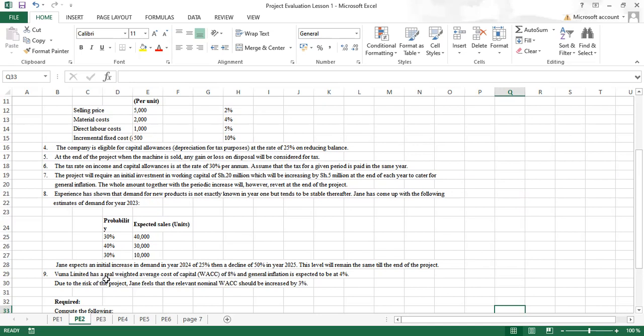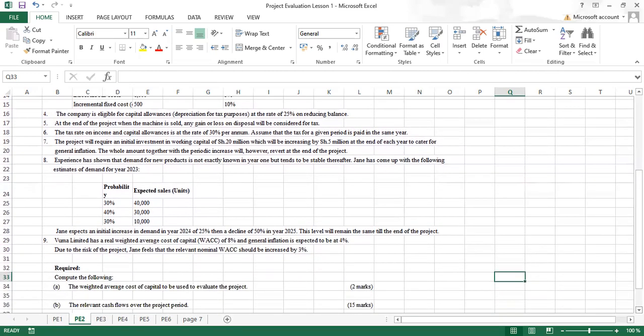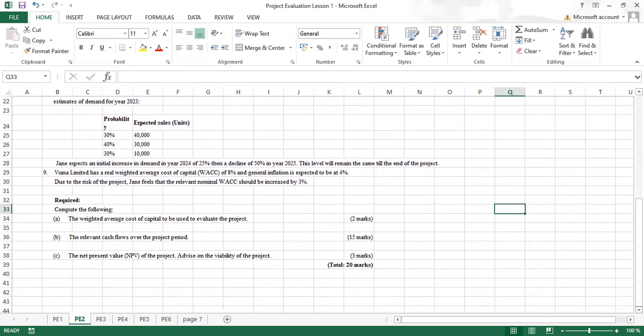Vuma Limited has a real weighted average cost of capital, WACC, of 8%, and the general inflation is expected to be 4%. Due to the risk of the project, Jen feels that the relevant nominal WACC should be increased by 3%. Required, compute the following: the weighted average cost of capital to be used to evaluate the project.